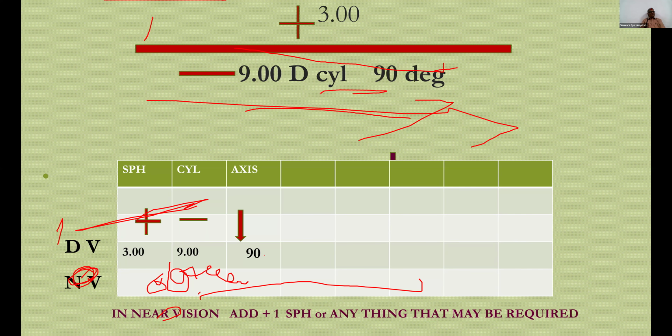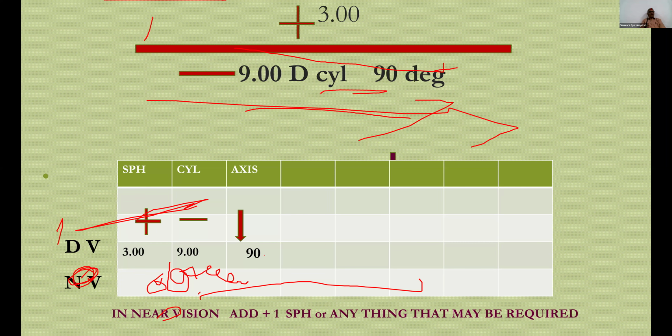Young persons like Goa, that is minus cylinders. But old persons like Pratik and all, tell me, they may accept plus cylinders.